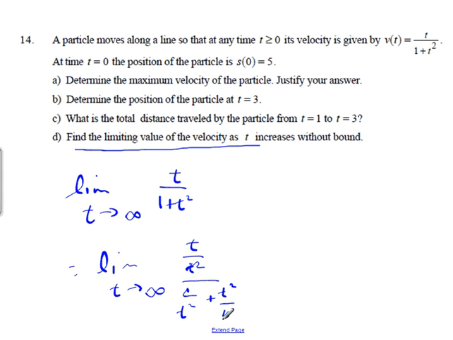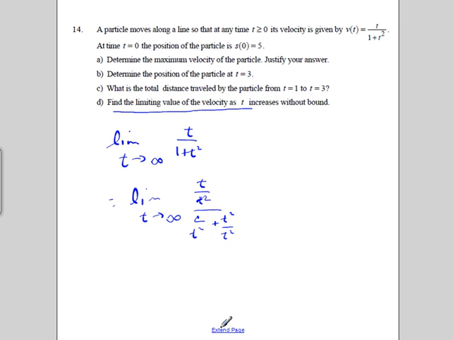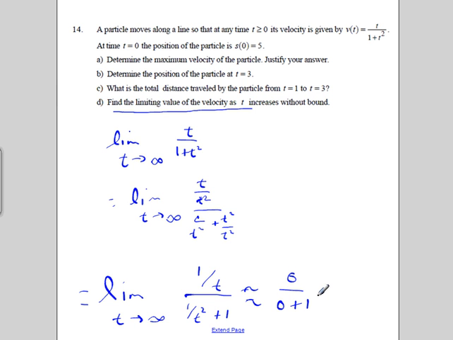And when you divide everything by t squared, it gets significantly simpler to evaluate this limit, because what we have is 1 over t, and then 1 over t squared plus 1. And as t approaches infinity, this roughly simplifies to 0 over 0 plus 1, which equals 0. So the limiting value of the velocity as t increases without bound is 0.